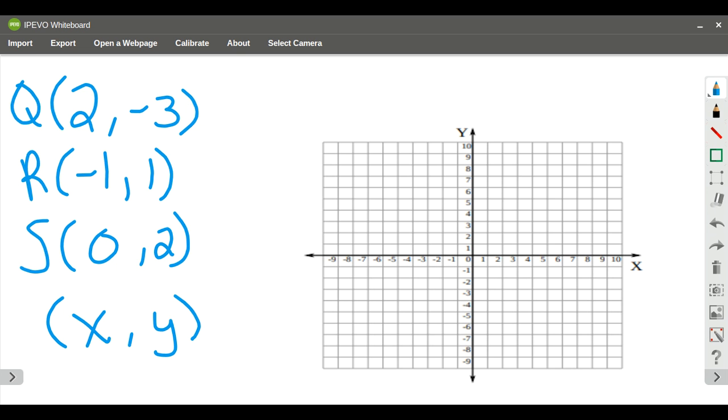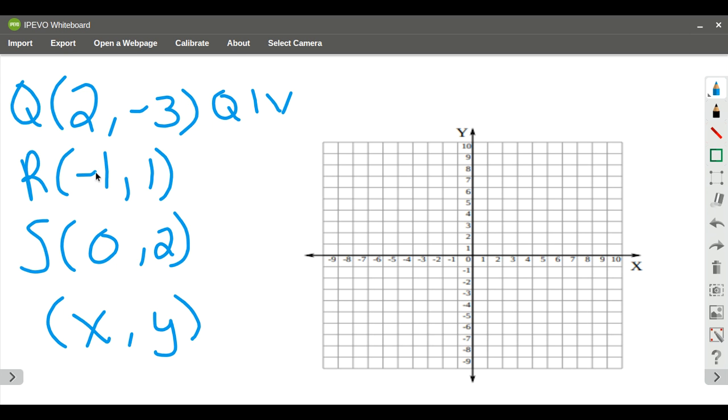We're going to do a little bit of practicing with our quadrants before I plot this. So Q, if we take a look at what quadrant it's going to be in, I have a positive and a negative. So this is going to be in quadrant 4, because my x is positive and my y is negative.